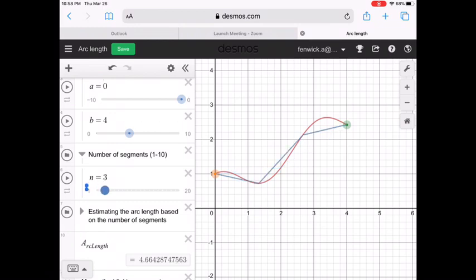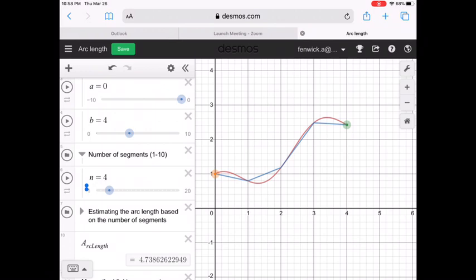I could use n equals 3, I could use n equals 4, and we notice that the more line segments that we use, the more accurately our straight lines stick to the smooth curve, and so you can imagine here that our approximation is going to become more and more accurate.